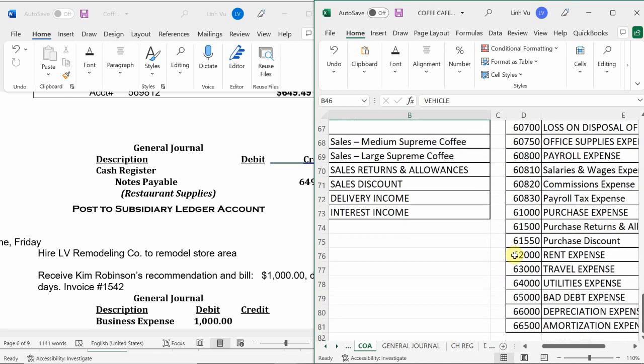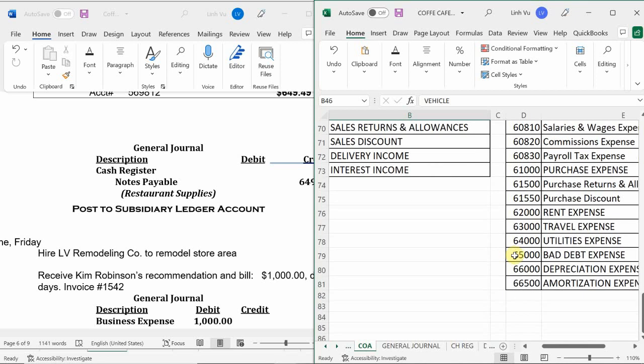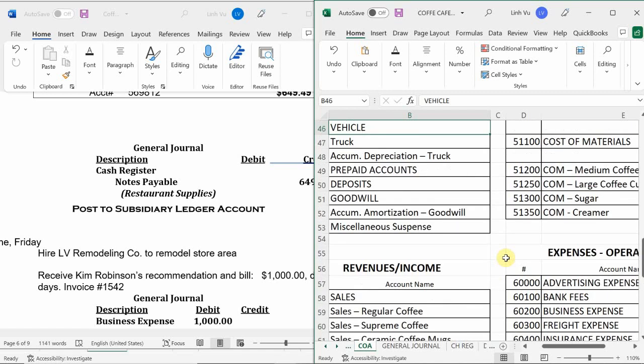Purchase expense. Is she someone you contacted for inventory? No. Rent expense, travel expense, utilities, bad debt, depreciation, amortization. None of those expenses fit except for business expense. So in this case, this must be a business expense. And that's what we're going to do.